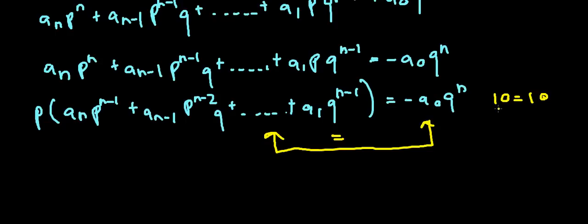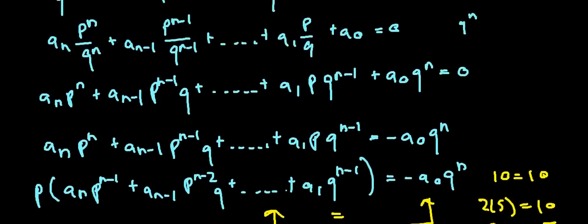So if 2 is a factor of the left side of an equation, that means 2 is also a factor of the right side, because it's the same number. I hope everyone sees that. Because this is an equation, both sides are the same number. If p is a factor of the left side of my equation, then p must be a factor of the right side of the equation.